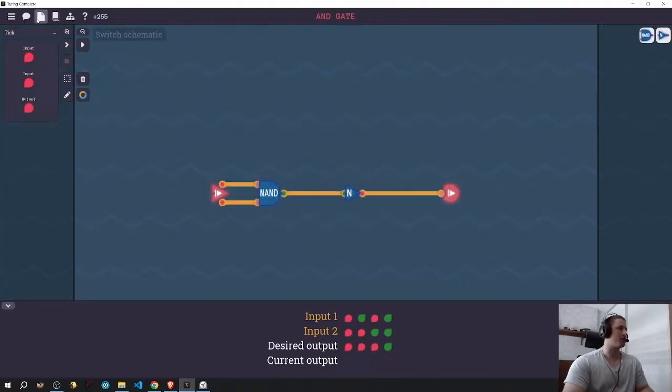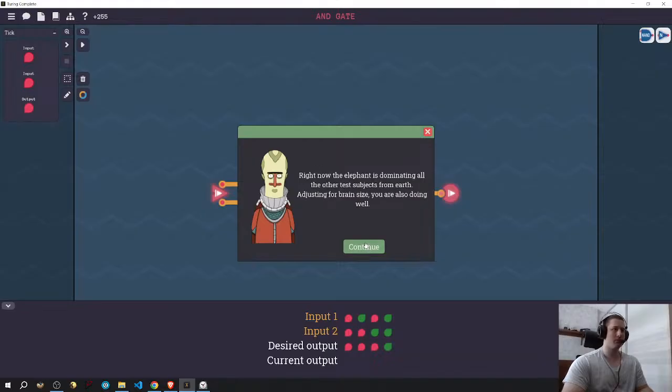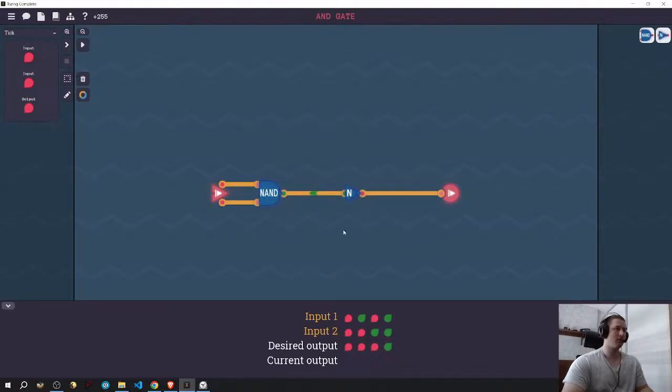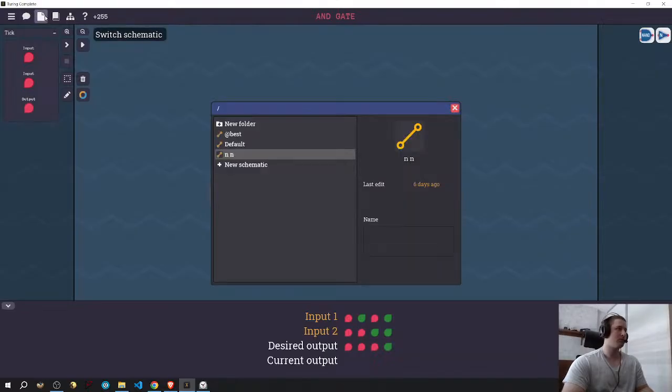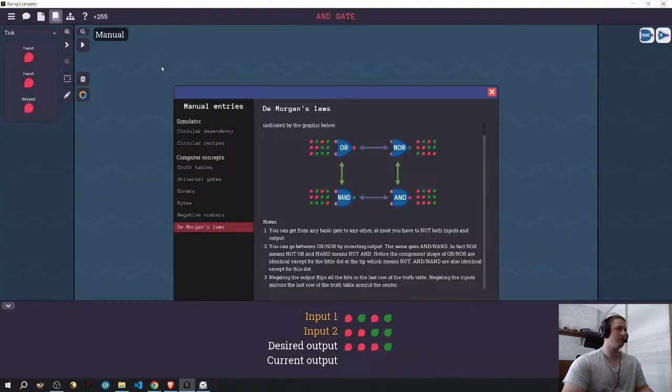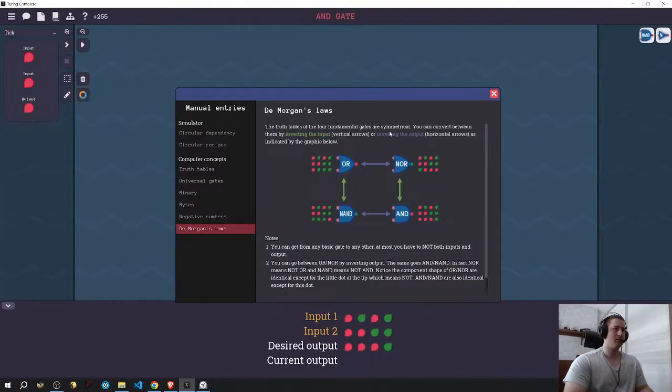I still have, I think on all the levels, the solutions to the previous version. So it might be interesting on the other levels to compare. Yeah, so this is the AND.